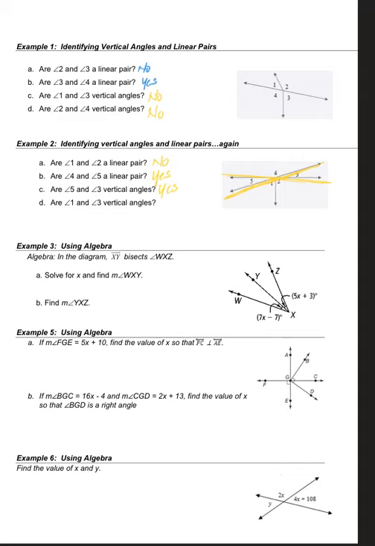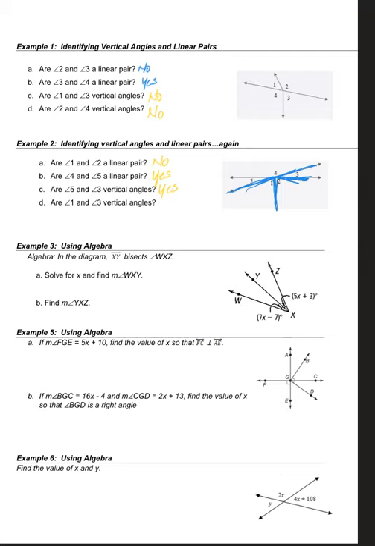But if I look at example D here, here is angle 1, and here is angle 3. Notice that these two are not made by two lines. They're actually made by multiple lines.